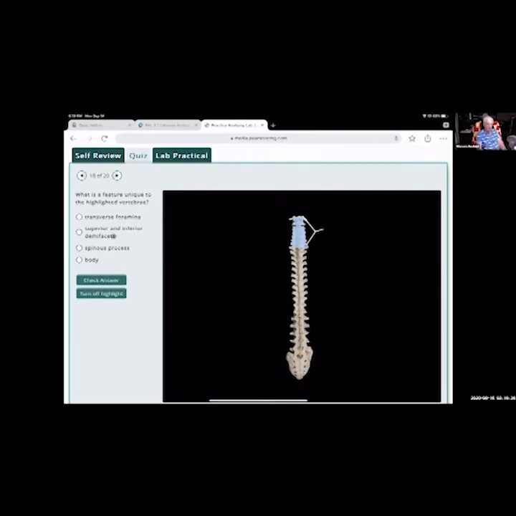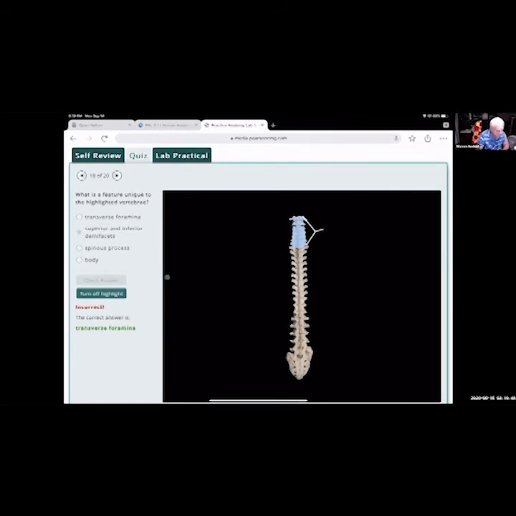If you don't know it, okay, what is unique to that area? A transverse foramen. Do all vertebrae have a transverse foramen? Yes. Spinous process, body. The only one they don't have would be a superior and inferior articular fossa, right? That's incorrect. Transverse foramen. I would have said articular fossa, transverse foramen.